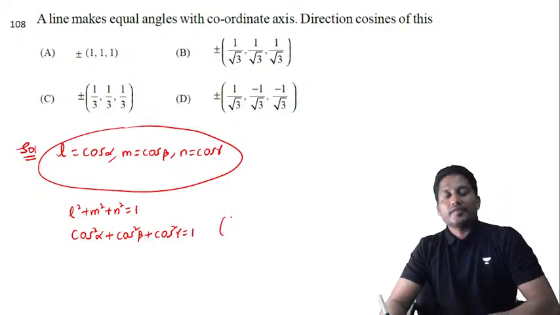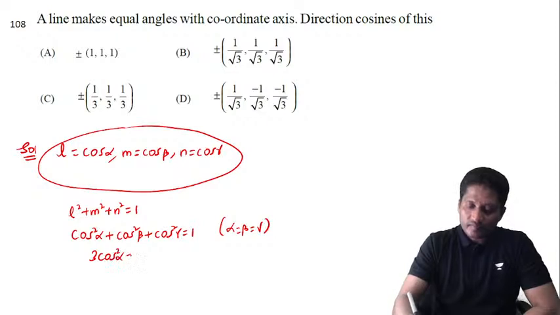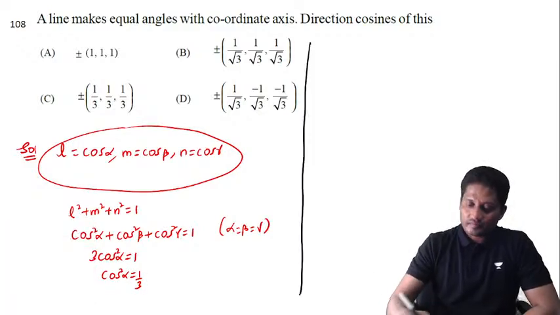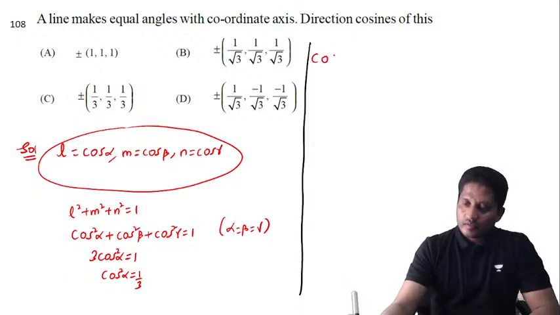If it is making equal angle with the coordinate axes, alpha is equal to beta is equal to gamma, right? So you get 3 cos square alpha is equal to 1. Cos square alpha is equal to 1 by 3, and cos alpha is equal to plus minus 1 by root 3.